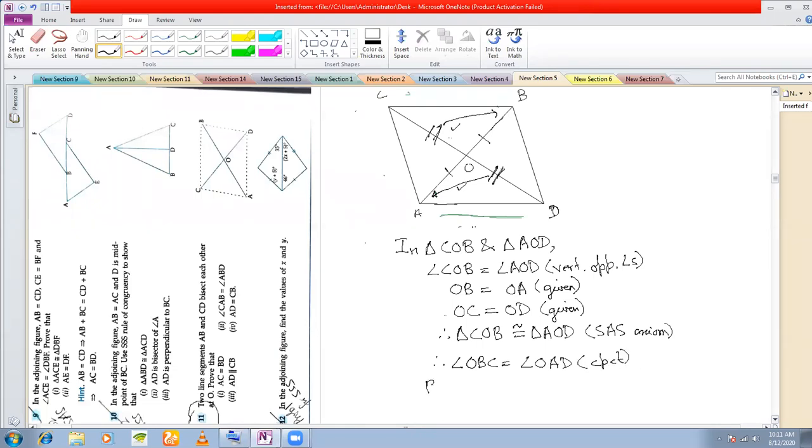But these are alternate angles. Therefore, EAD, that means this line, must be parallel to this line. AD parallel to CB. Any questions in this?